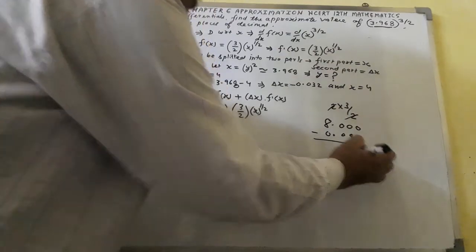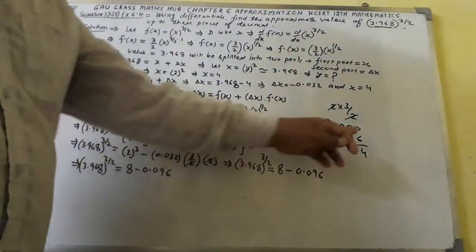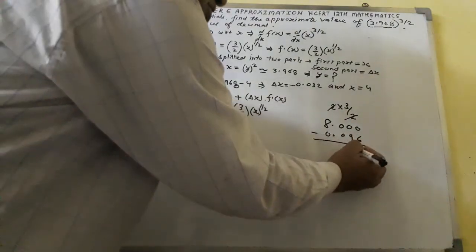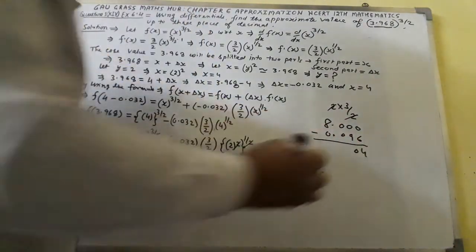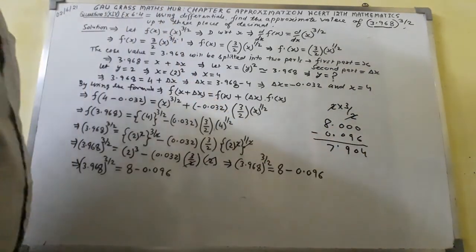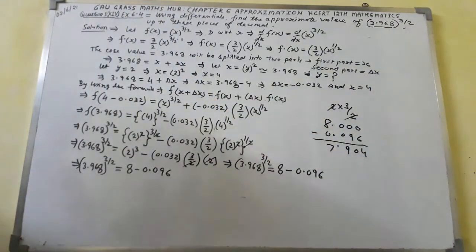So here you will get 4. Here you will get 10 minus 6, 4. Here 9 minus 9 comes out to be 0. Here you will get 9 only. Isn't it? Here you will get 7. Isn't it correct? So what to do in this case?